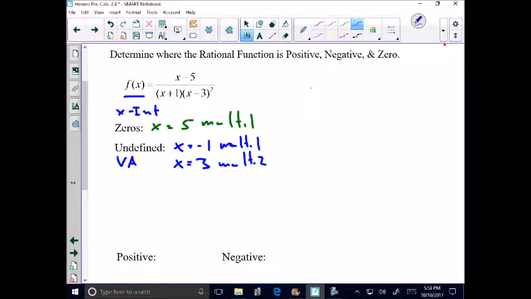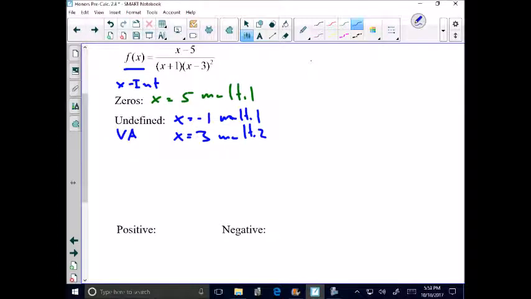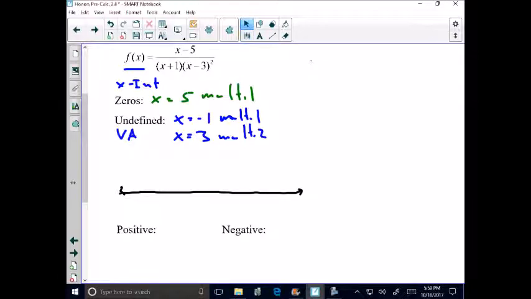So right here, what we're going to do is just draw our sign chart. Now, it didn't give us a little line right here, but it's not too tough to draw a horizontal line that can be our model of the x-axis. And we're going to mark off the zeros from the numerator and the zeros from the denominator, right? The x-intercepts and the vertical asymptotes.